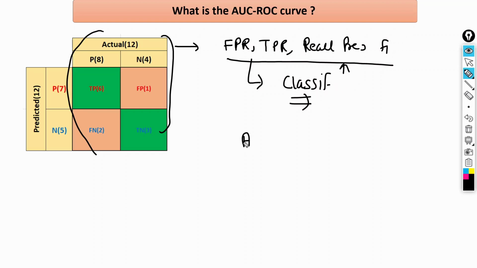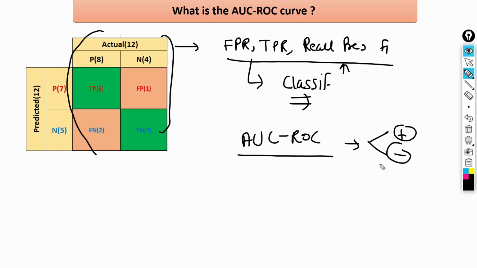Similarly, the AUC ROC curve is also used to check the performance of the classification model, whether our model is classifying positive or negative classes properly or not. How we use the AUC ROC curve, we will discuss later. But what is the AUC ROC curve?